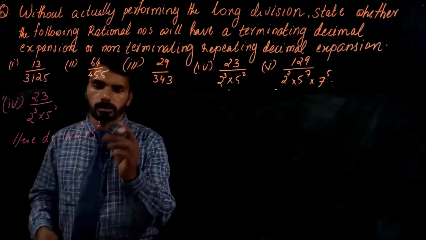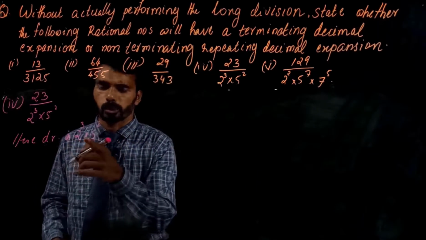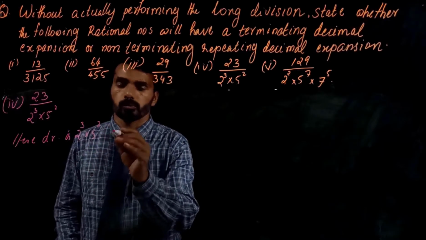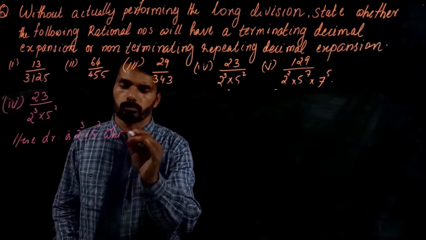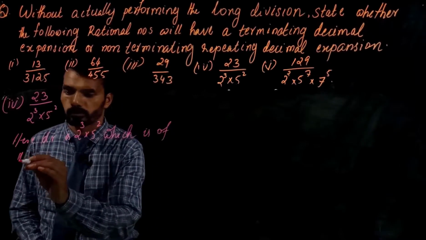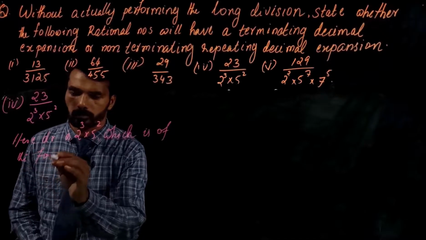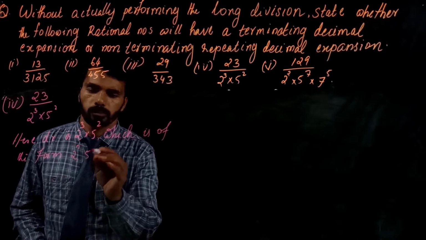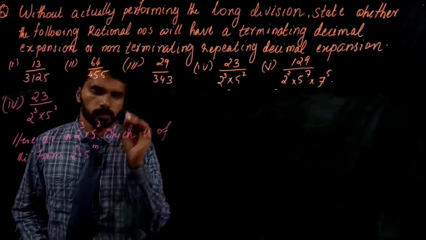So here the denominator is 2 raised to 3 into 5 raised to 2, which is of the form 2 raised to n into 5 raised to m.